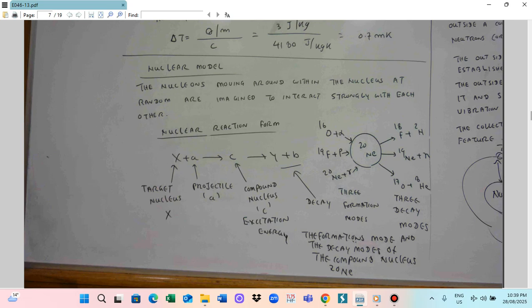The outputs can be fluorine-19 plus hydrogen, neon-19 plus a neutron, and oxygen-16 plus helium. So these are the three formation modes as input and the three decay modes as output. This is the nuclear reaction format.